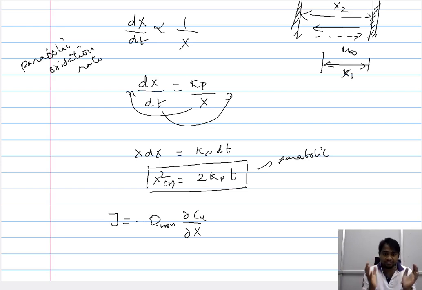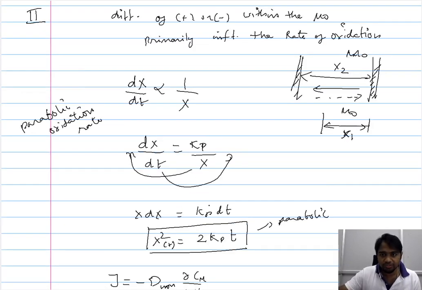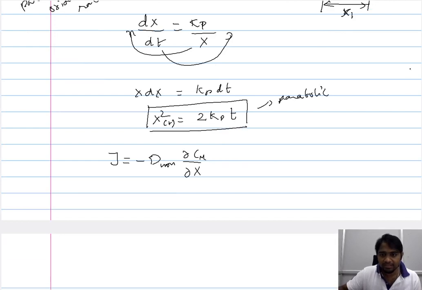And from Fick's first law, we get a definite expression for the flux, and we have written it down here. Now this is nothing but the gradient in the concentration of the metal ion. So the gradient in the concentration of the metal ion is nothing but the difference in the concentration of the metal ion when you consider the internal interface and compare it with the external interface.